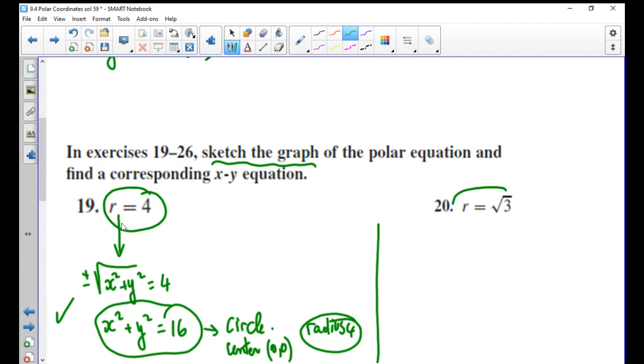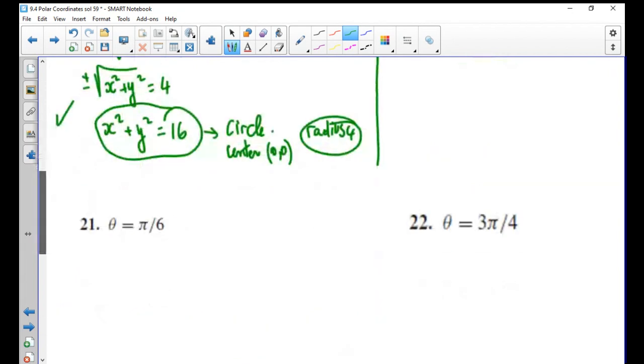This one, same thing. It's a circle. So in general, r equal a constant, r equal a number, will always be a circle of radius, whatever it is. This one, we also did something like this. Do you remember what was the graph? It's a straight line, yes.